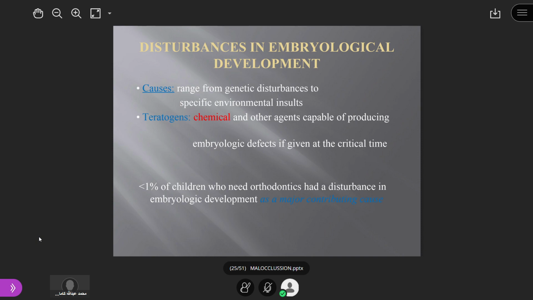They are chemicals and other agents that are capable of producing embryological defects if given at the critical time. Means when there are some stages of development going on, and these chemical agents or other agents are taken by the pregnant woman, can result in malocclusion, right? Less than 1% of children who need orthodontics had a disturbance in embryological development as a major contributing cause.